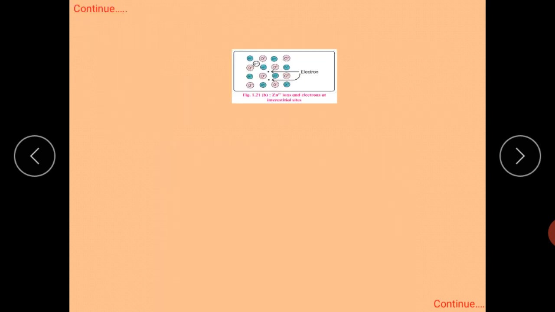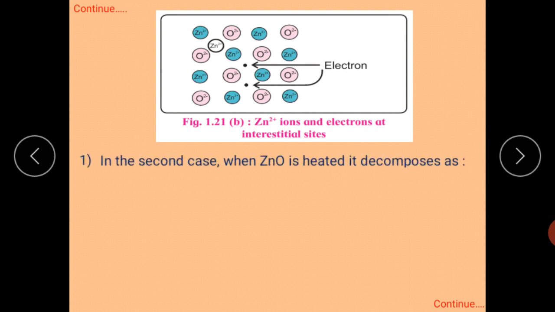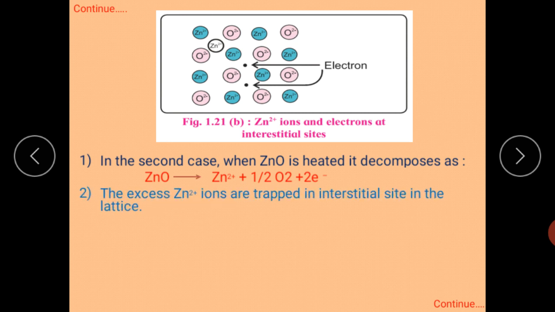And in the second case, the positive Zn2+ ions are present in the interstitial position of the crystal, with two electrons also at interstitial positions. In this case, ZnO gives Zn2+ plus 1/2 O2 plus 2 electrons.